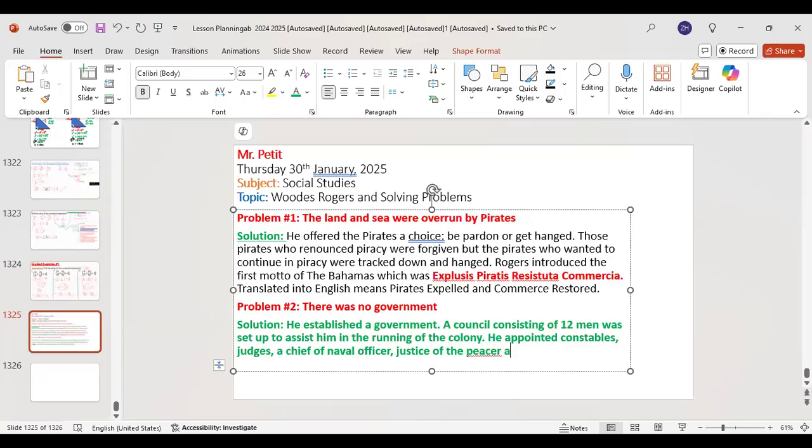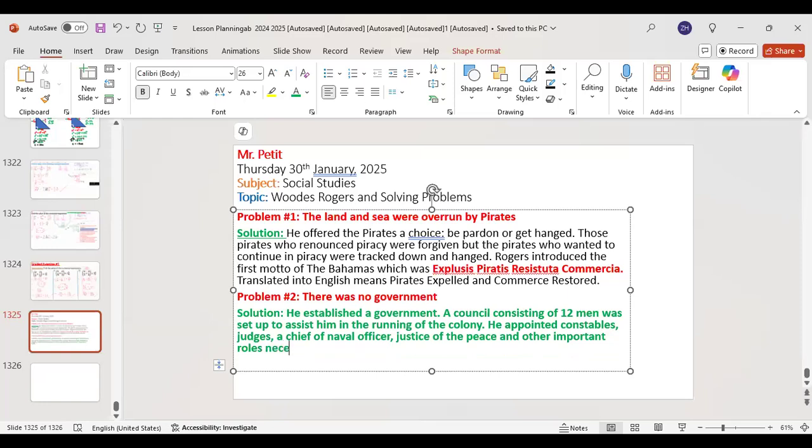and other important rules necessary for the proper governance of a country.